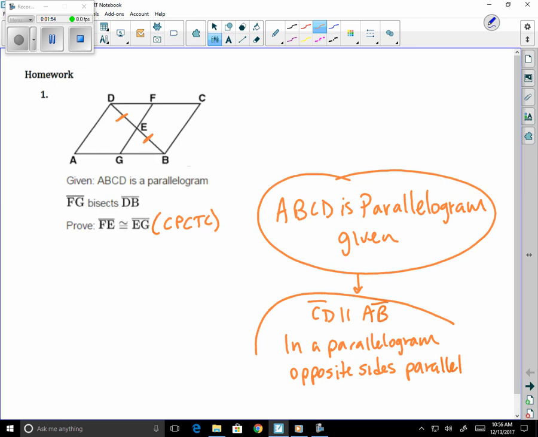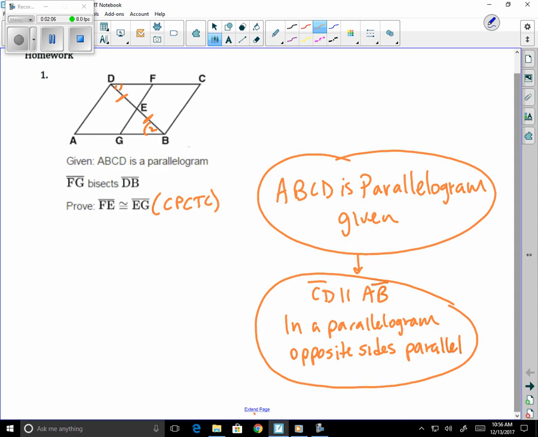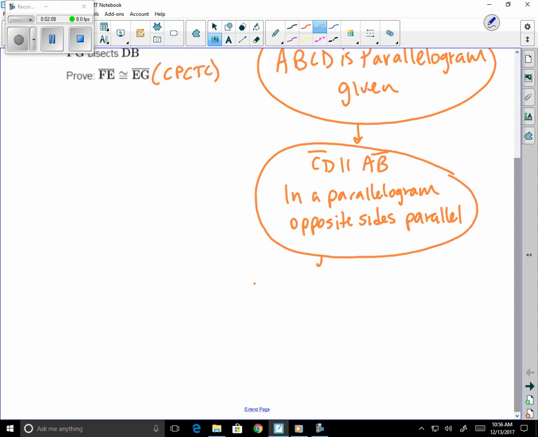So if I know those sides are parallel to each other, I know these interior angles, 1 and 2, are going to be congruent. So I could say that here as well. I'm going to say angle 1 is congruent to angle 2 because of alternate interior angles.